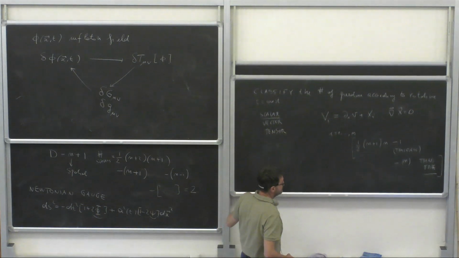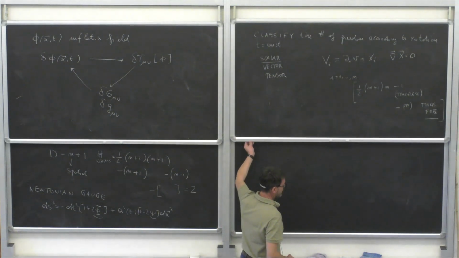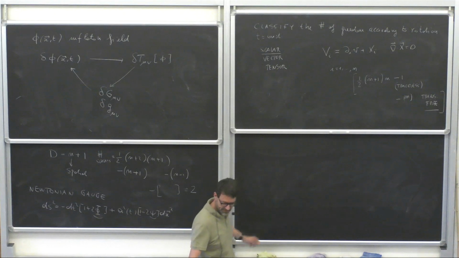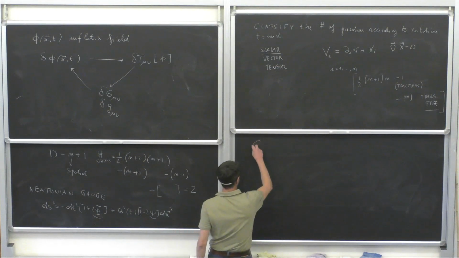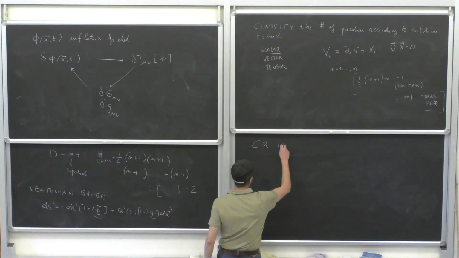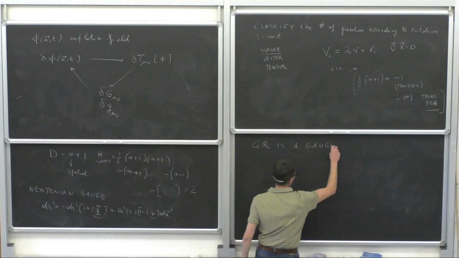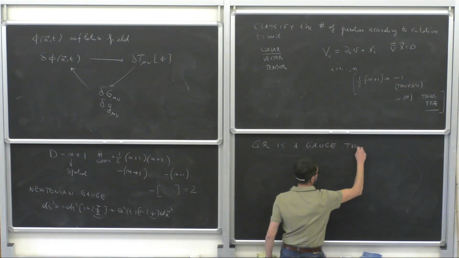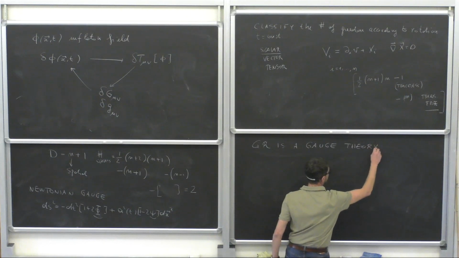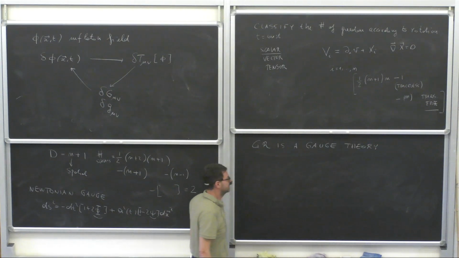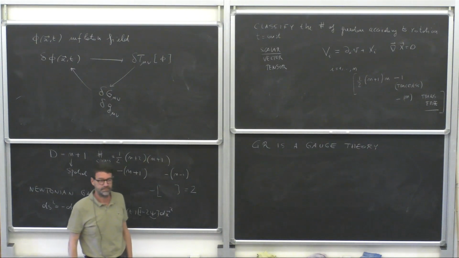And the reason is a fundamental reason: GR is a gauge theory, where the gauge transformations are the diffeomorphisms, the transformations of the coordinates.